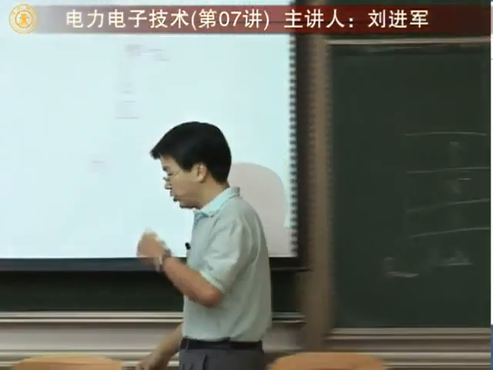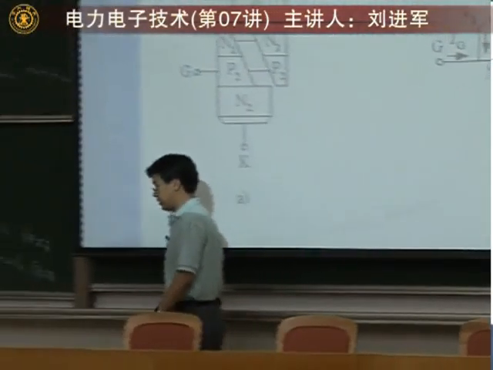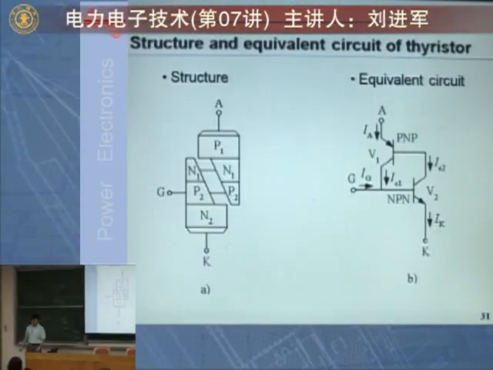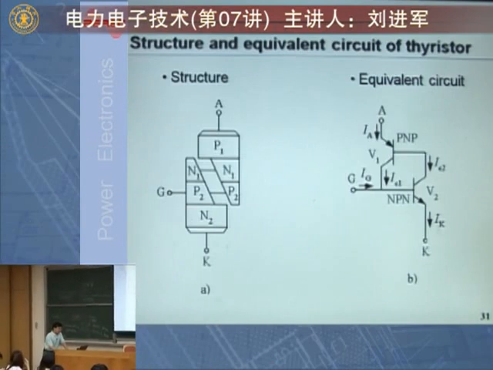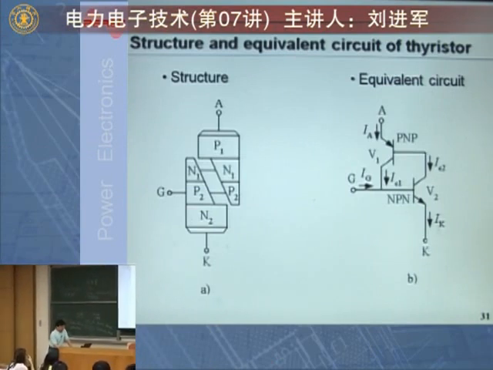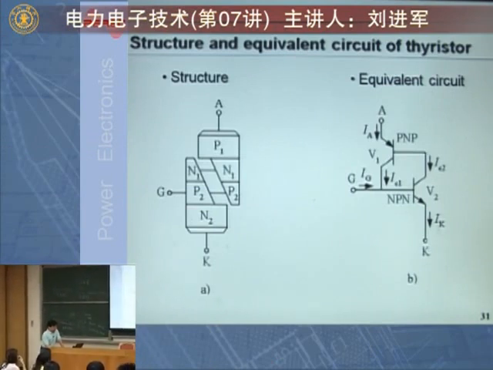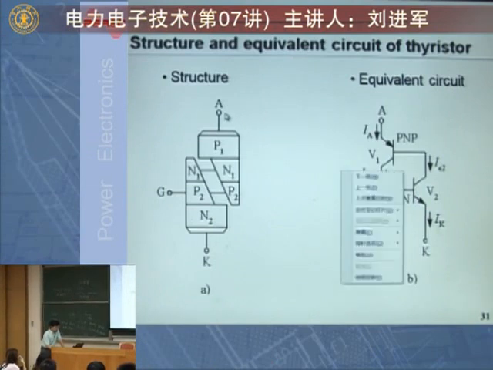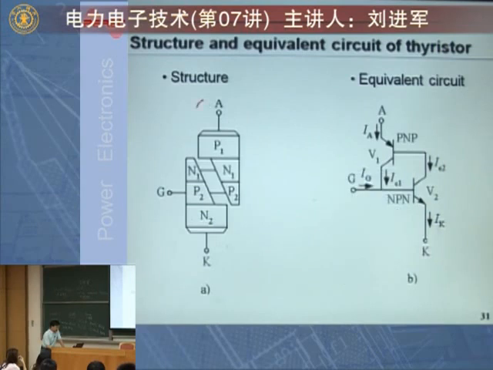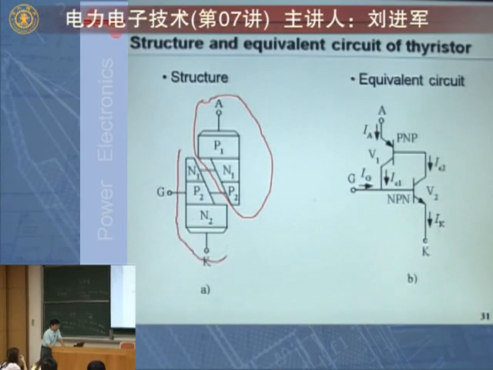If I'm looking at this structure in this way, then you can, let's see, this is a better picture here on the screen. You can actually look at this thyristor as the connection of two three-layer devices.